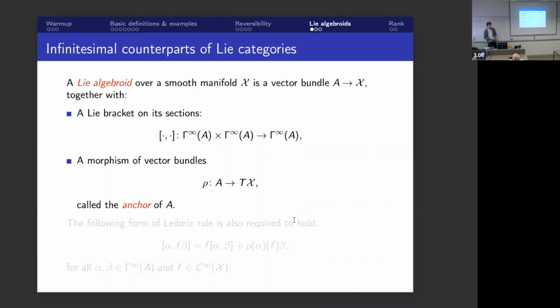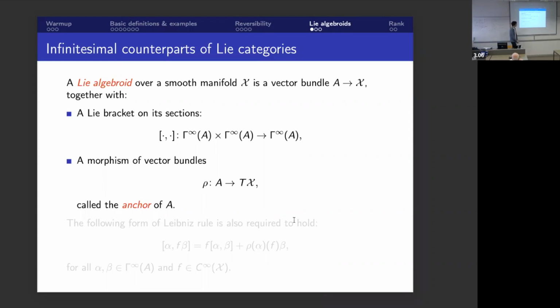If your brain is saying there is a smooth structure and some compositions or multiplications, you can see that the construction of Lie algebras is going to carry through to this setting of Lie categories.